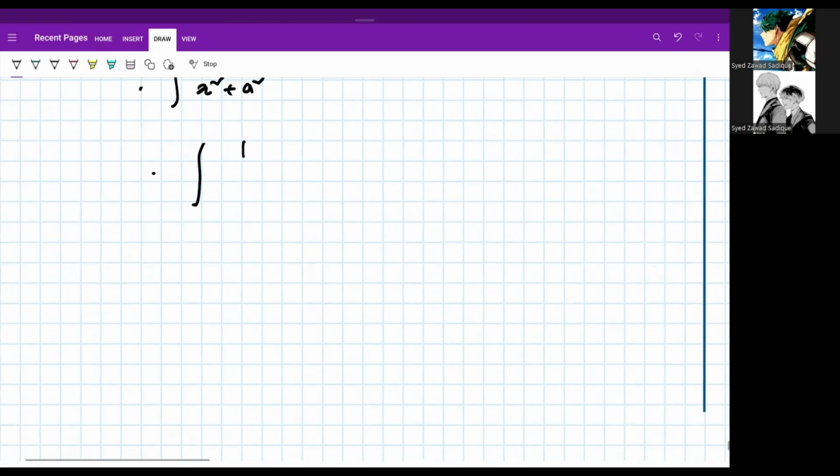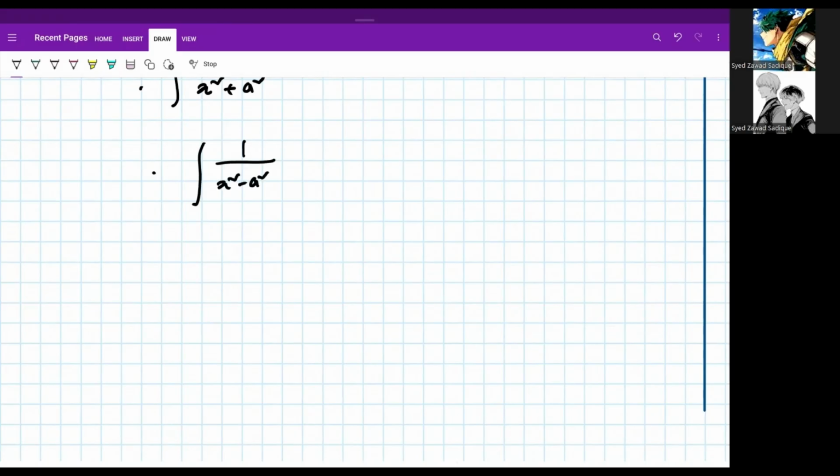Next is 1 by x squared minus a squared, which is 1 by 2a ln of x minus a by x plus a, plus c, for x is greater than a.